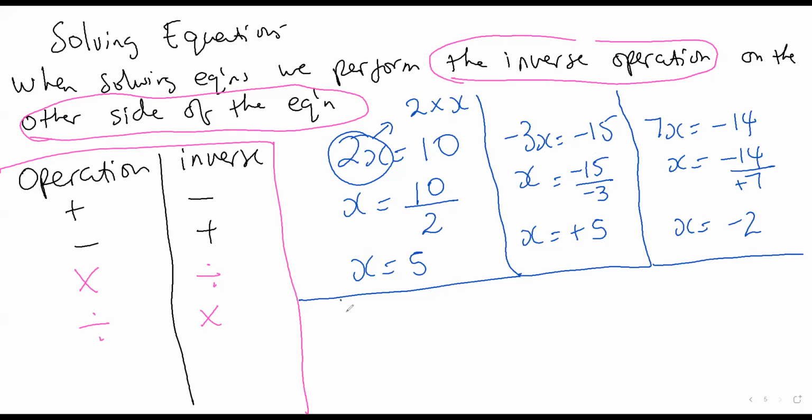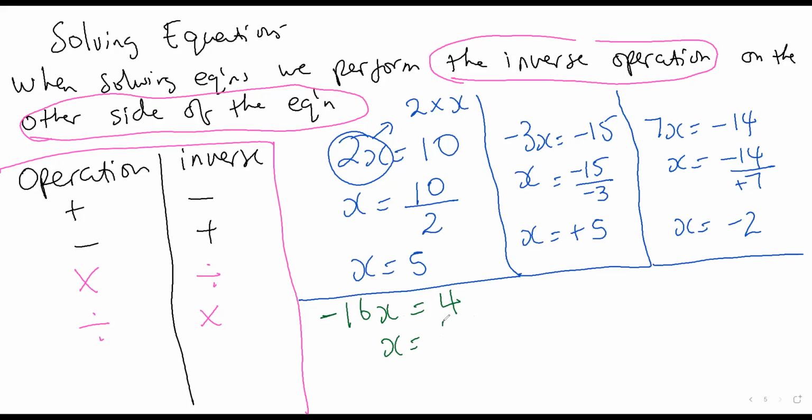Okay, so we have minus 16x is equal to 4. What does minus 16x literally mean? It literally means minus 16 multiplied by x. So x is equal to, the inverse of multiplying by minus 16 is divided by minus 16.